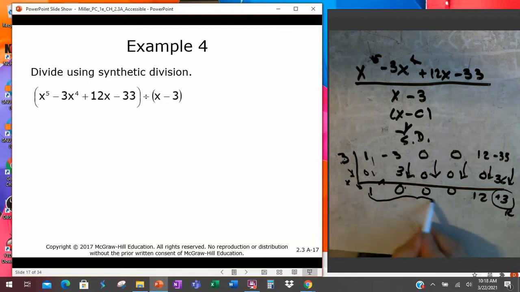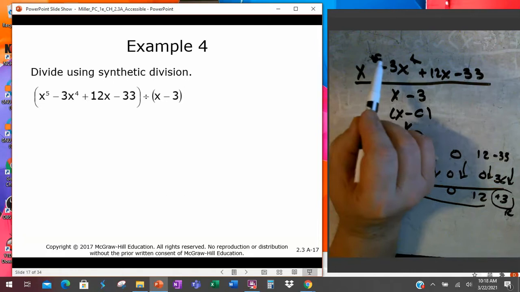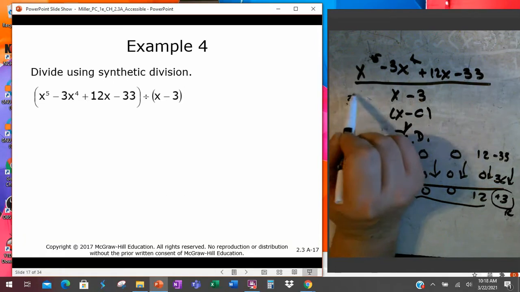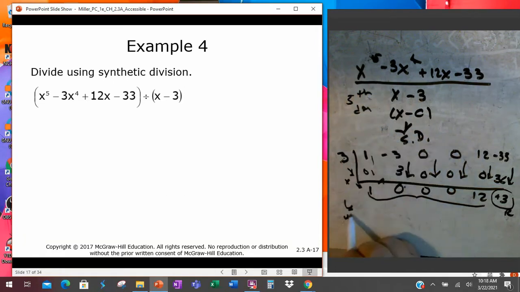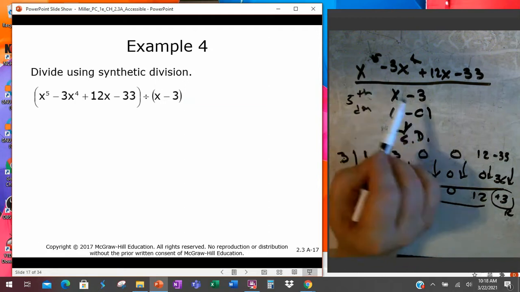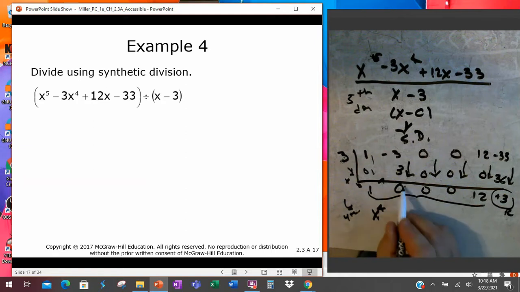And this, I use this bottom row. This was a 5th degree. The result is going to be a 4th degree because I'm dividing it by just that 1. So 4th degree, x to the 4th. 1x to the 4th, and I don't write the 1. Plus 0x cubed, plus 0x squared, plus 0x.